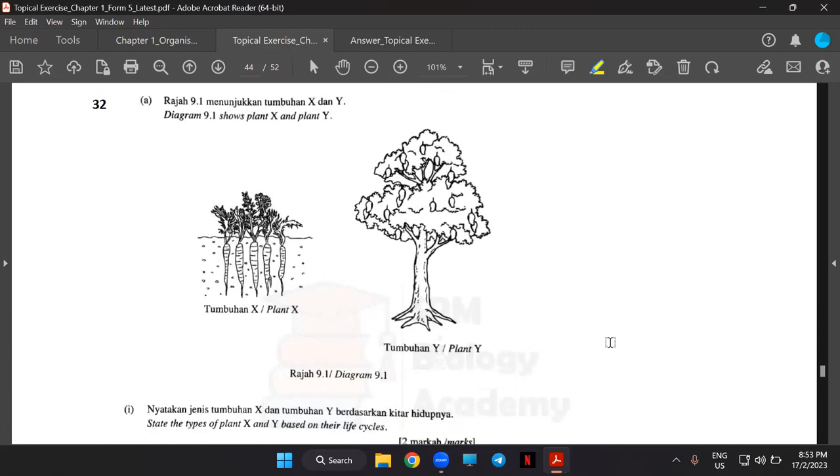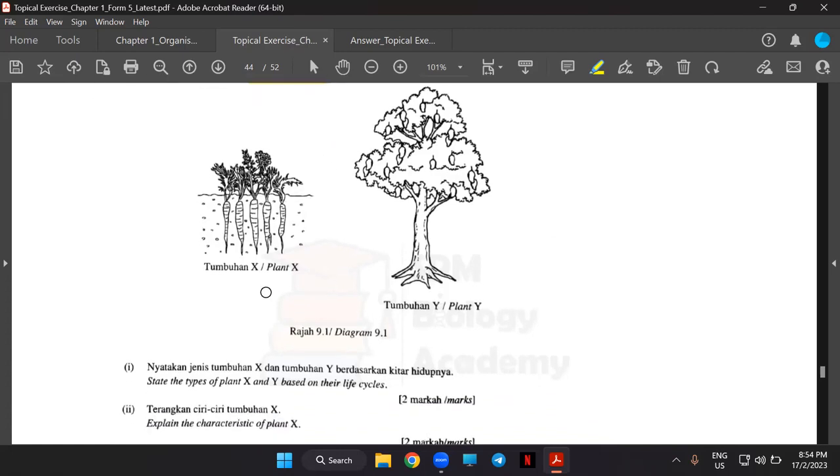Okay, nombor 32. Rajah 6.2 menunjukkan tumbuhan X dan Y. Diagram 6.2 shows plant X and plant Y. Okay. So this is carrot. Dan kamu tahu bahawa carrot adalah tumbuhan dwi musim, biennial plant. Dan ini ialah tumbuhan Y. Tumbuhan Y, this is mango tree.